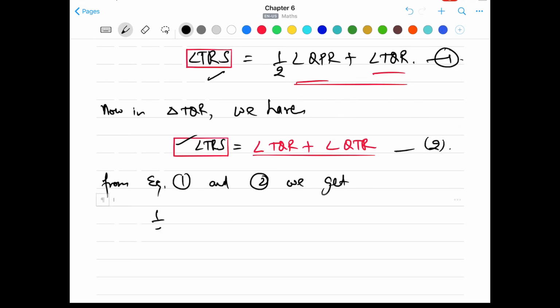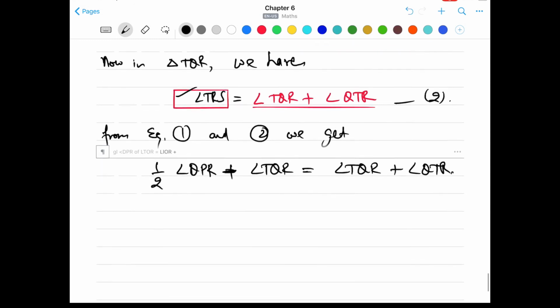That is, from equation 1 we have half of angle QPR plus angle TQR equals angle TQR plus angle QTR.